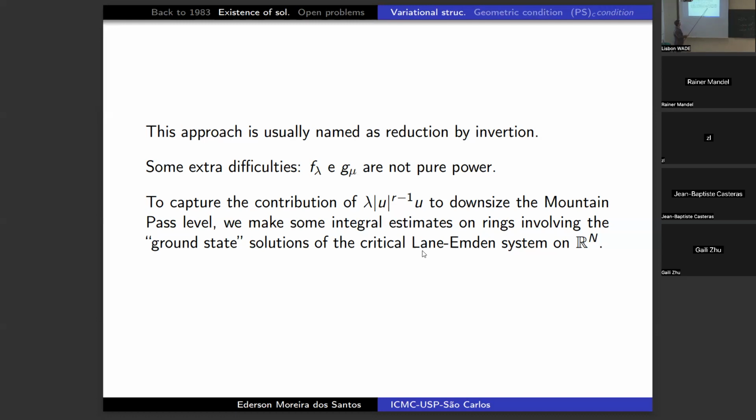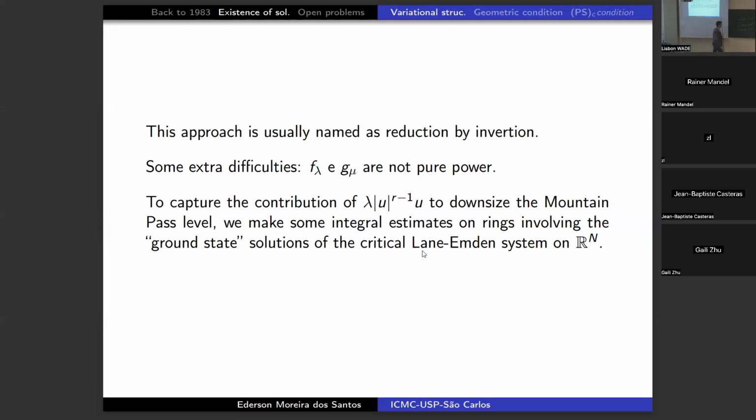And what we show, in order to prove this, we have to capture this contribution to downsize the mountain pass level, to downsize to a region where we have compactness. And so what is maybe new in the arguments, but not simple to understand, is how we get this contribution.